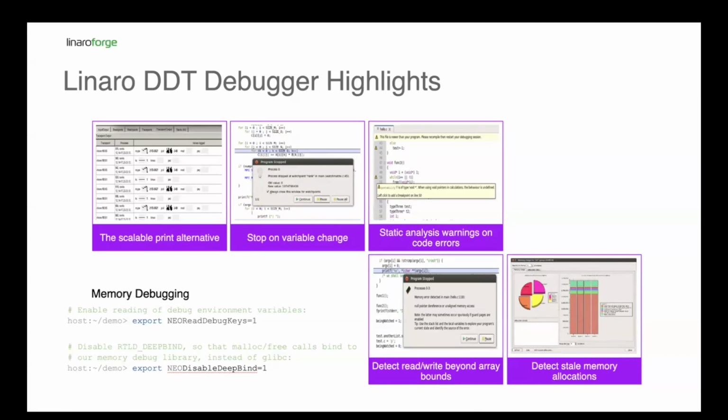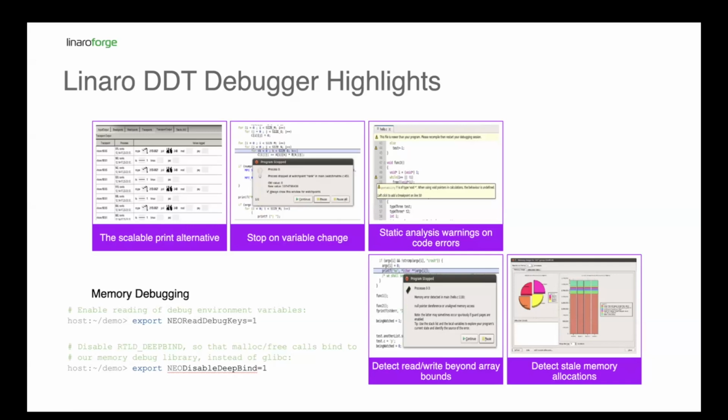Further to this, there's also memory debugging. Again, the memory debugging is only supported on the CPU. It's not supported on the GPUs. And that's also, I think, because IDGDB does not have the memory debugging support yet.